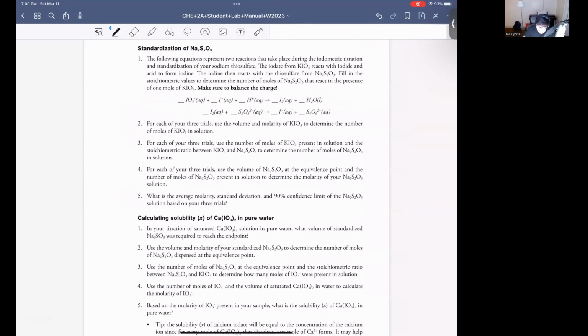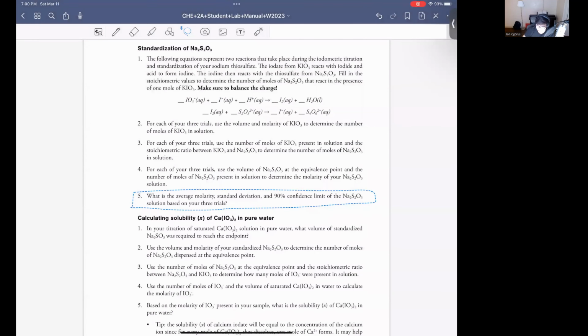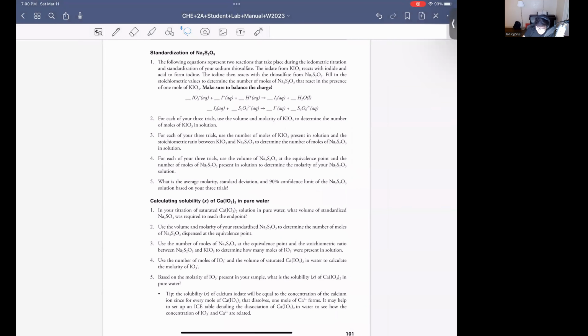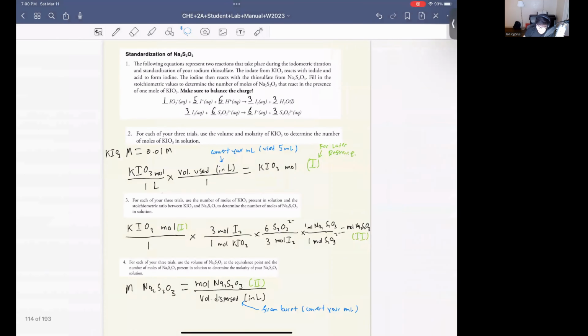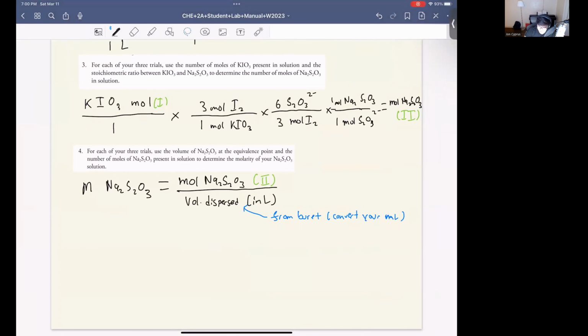All right, next, number 5, it says, what is the average molarity, standard deviation, and 90% confidence limit of the sodium thiosulfate solution based on your 3 trials? So for this one, and I should refer to this as 3, by the way, as a reference.